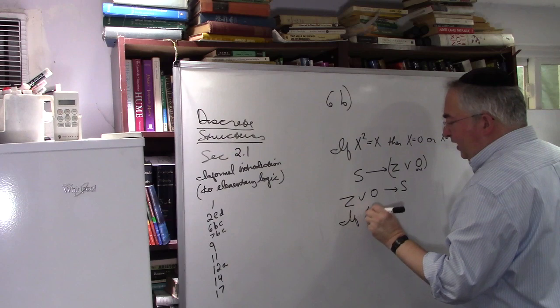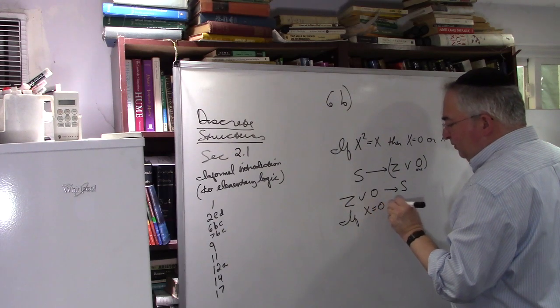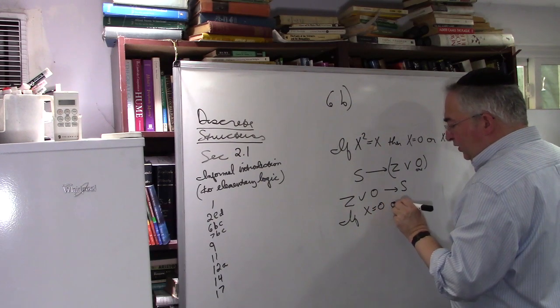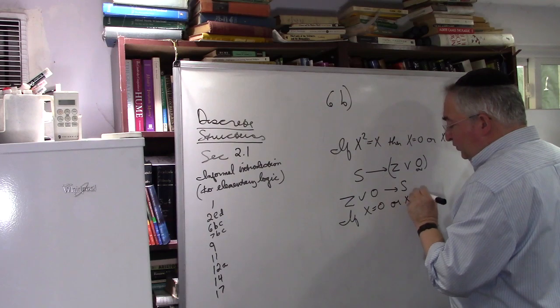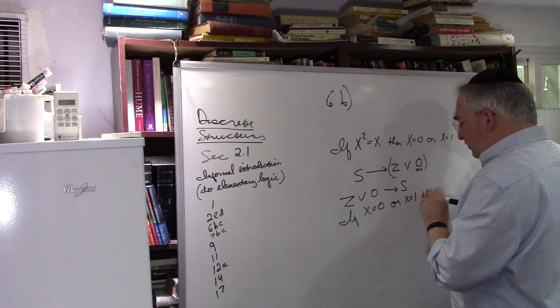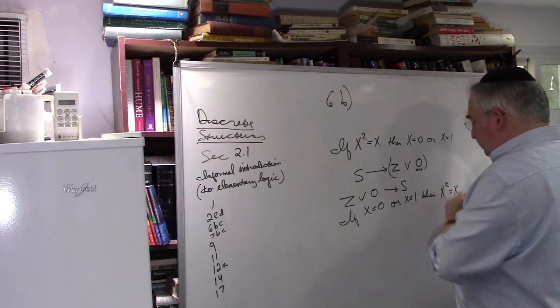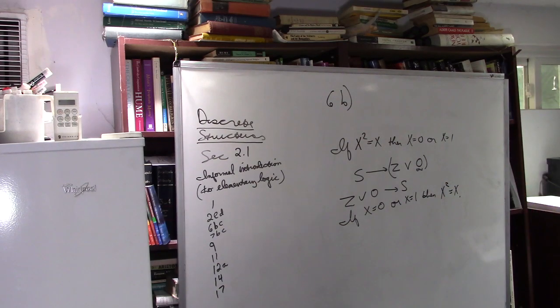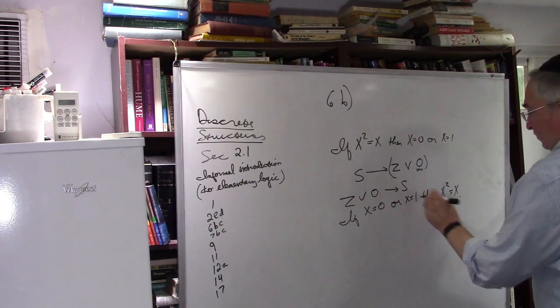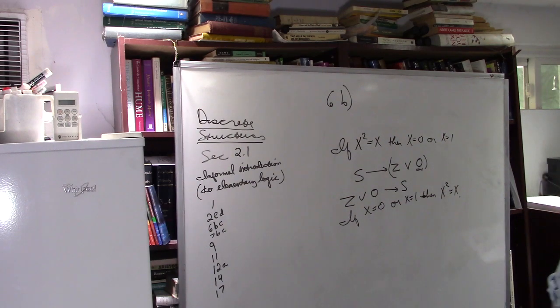If x equals 0 or x equals 1, then x squared equals x. That's the converse. By the way, both of them are true. Okay, great.